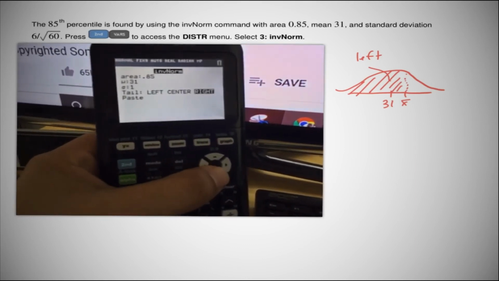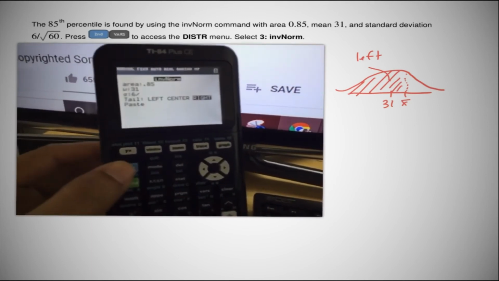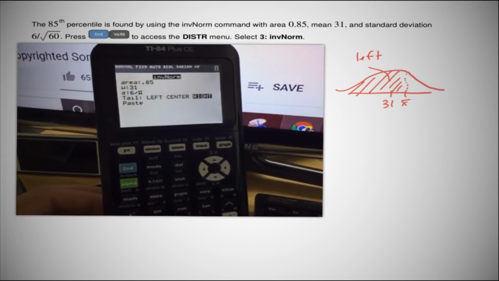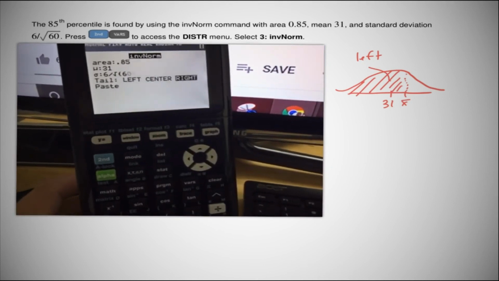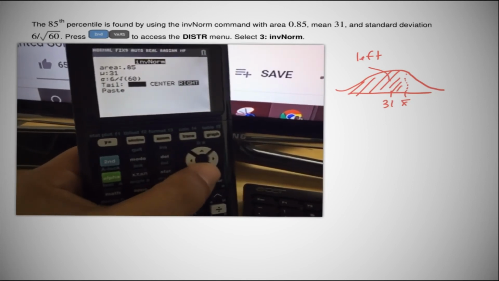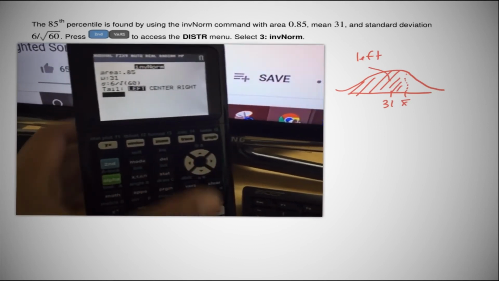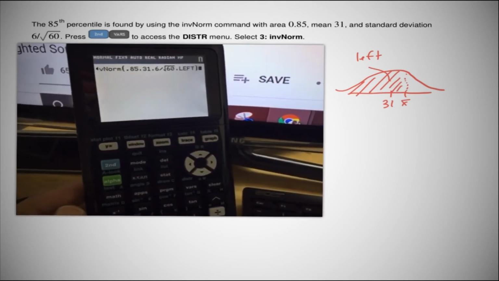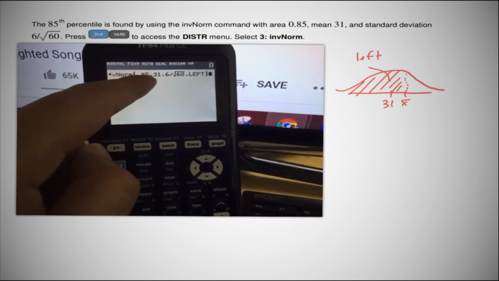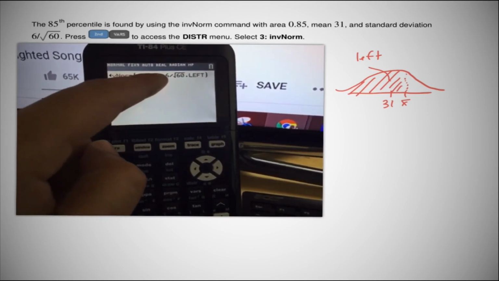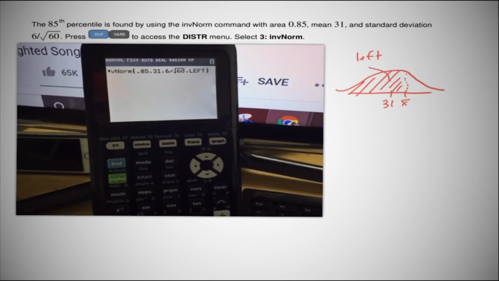The standard deviation that we're going to be using is 6 divided by the square root of 60. And make sure that you tell your calculator it's the area to the left. Let's go ahead and paste that in. If you have an older calculator, you're going to have to do all this manually. You would put the area, the mean, and the standard deviation, and don't worry about the left part if you have the older calculator.